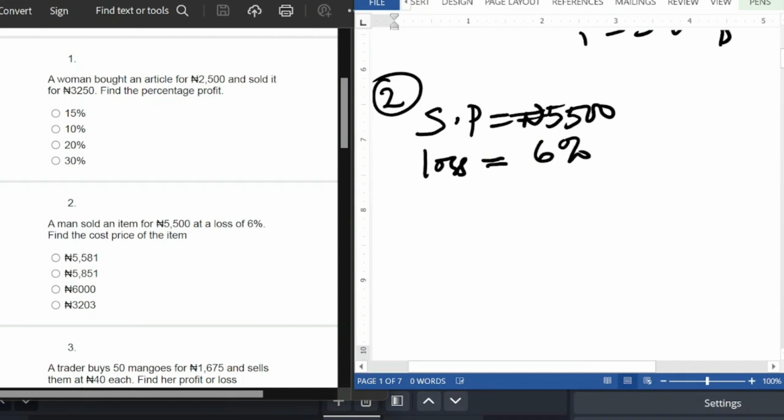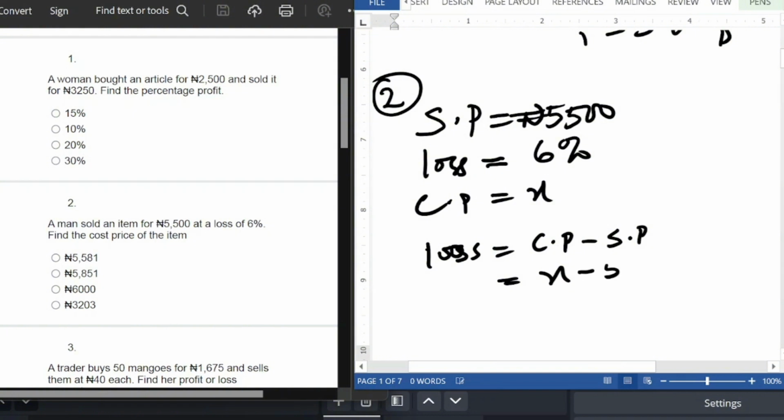We don't know the cost price, so let's make it X. There will be a loss if the cost price is more than the selling price. So before we go to percentage, the loss is cost price minus selling price, which is equal to X minus 5,500.